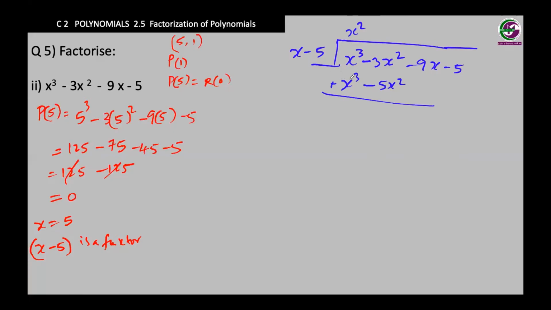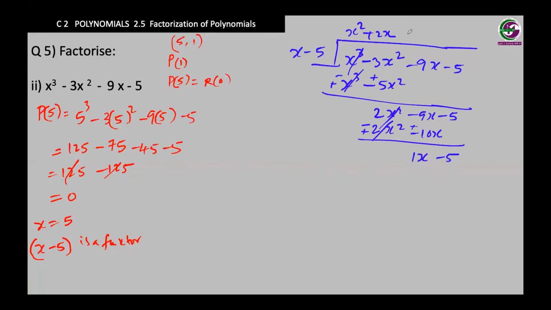Change the sign. Negative 3x squared plus 5x squared is 2x squared minus 9x minus 5. 2x squared divided by x is positive 2x. 2x squared minus 10x. Change the sign. Negative 9 plus 10 is 1x minus 5.